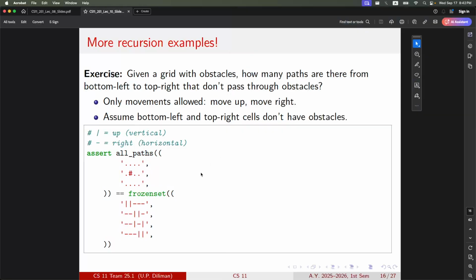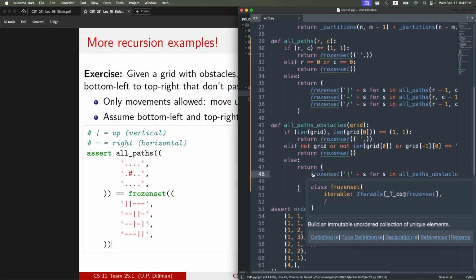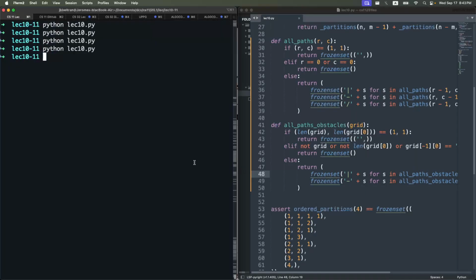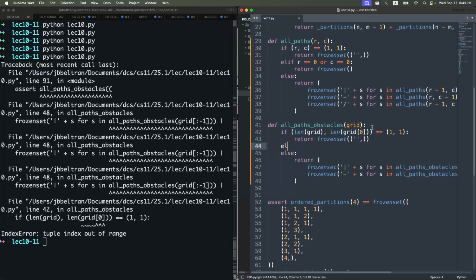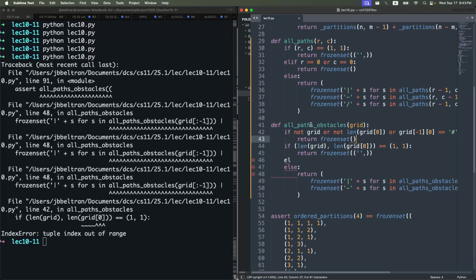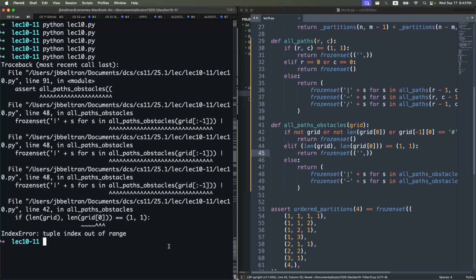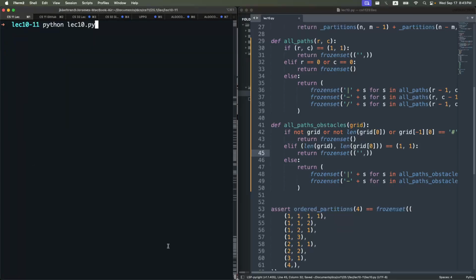Let's try. Okay, it's not working. I guess we need to check that first. Alright, it works.